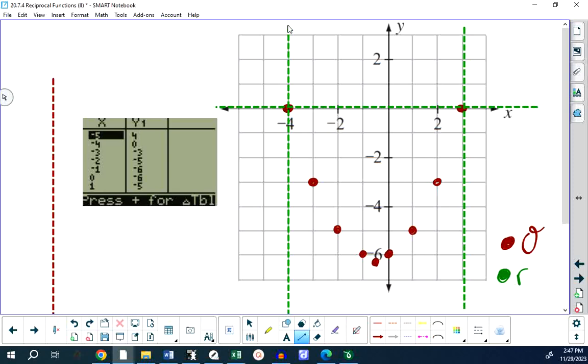Just don't draw this, I just want to indicate it. It's going to have this general shape in here, but if you want more detail, when we were at -5, do you see the y coordinate was 4? So the reciprocal of 4 is 1/4.